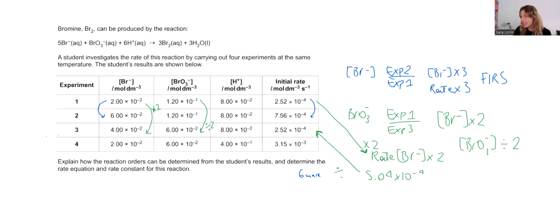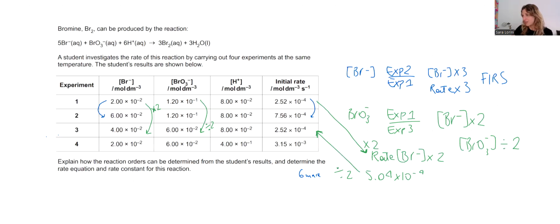So as you can see, we have the same change, but we can calculate that this is the net change, because I removed the value of the rate that I know is caused by the bromide. That's why I go off the table to do this calculation. I'm finding the rate if I take into account the change of the bromide. So I will see that divided by 2 is the same change as the concentration.